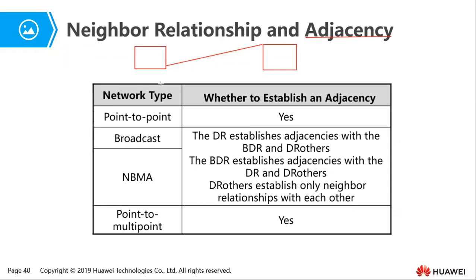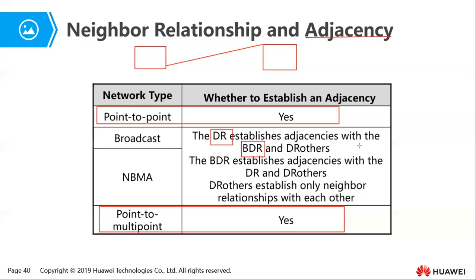And in fact, that is what is being said here. So point-to-point, yes, the devices are going to form full adjacency. Similarly, in point-to-multipoint, they're going to form full adjacency. But do we need an election in point-to-point and point-to-multipoint? No. But in broadcast and NBMA, we only need to form adjacencies with a DR and a BDR.